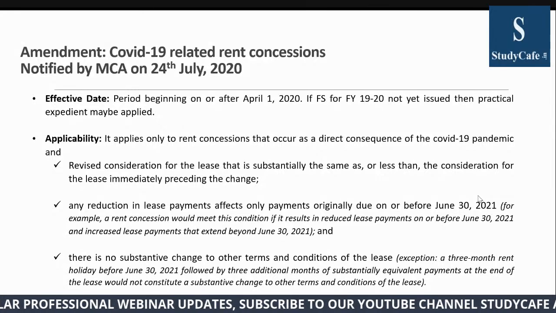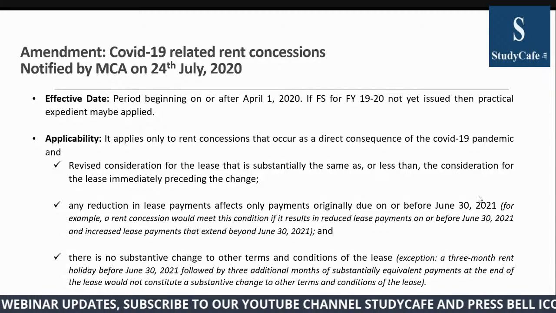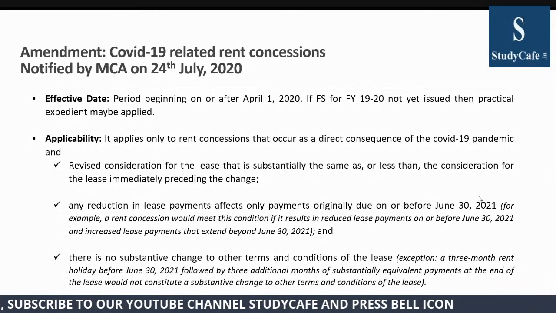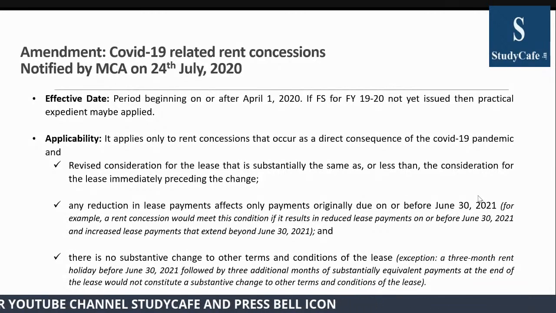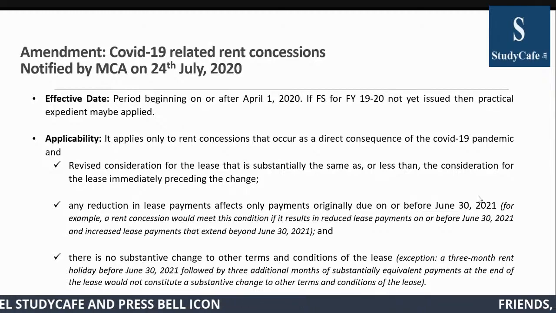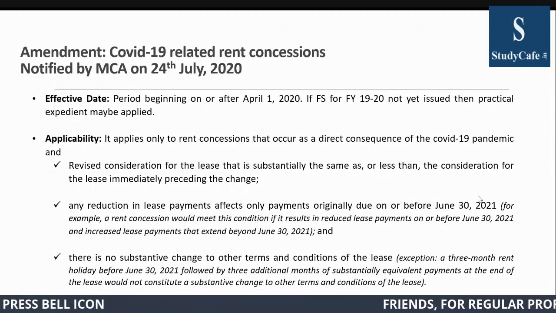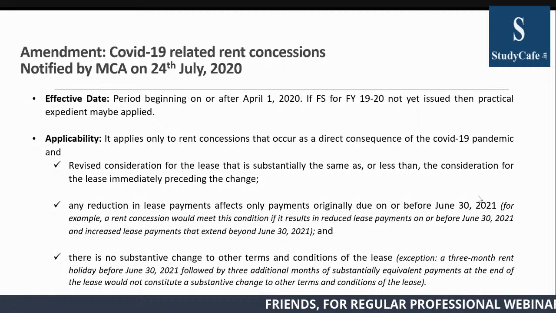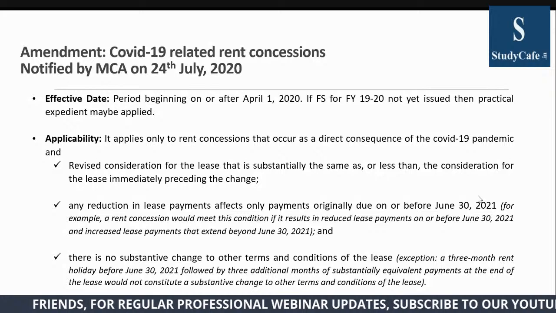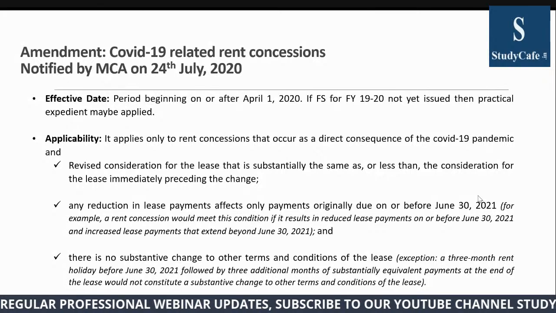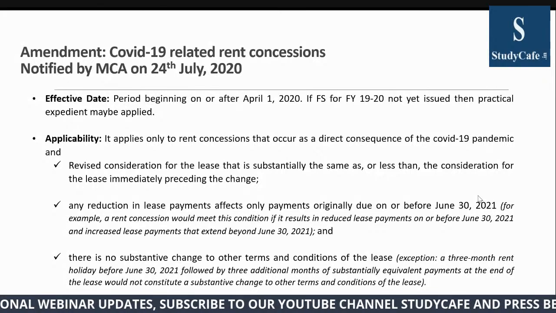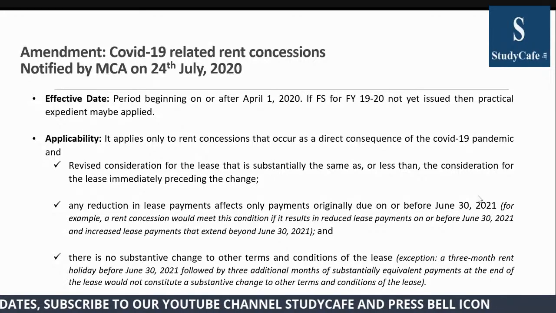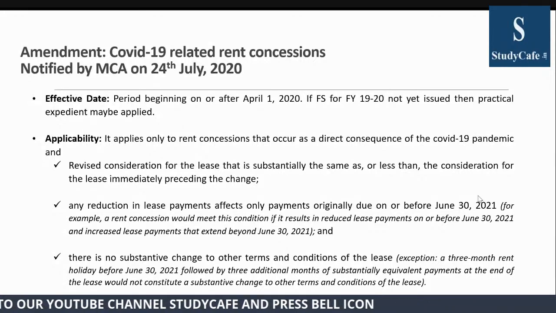First of all, this amendment is effective from 1st April 2020. But companies who have not issued their financial statements yet can also apply this expedient in financial year 2019-20. This expedient is applicable only to rent concessions that occur as a direct consequence of the COVID-19 pandemic.